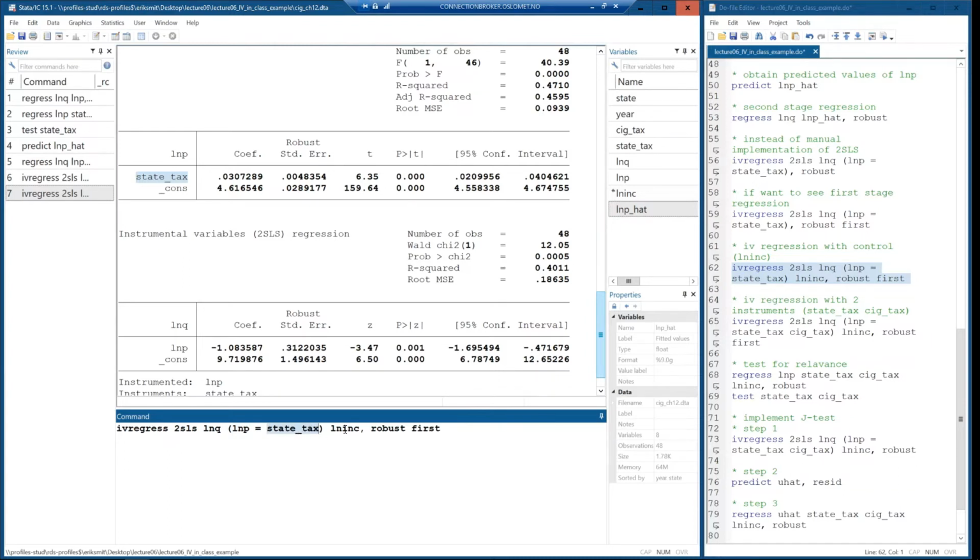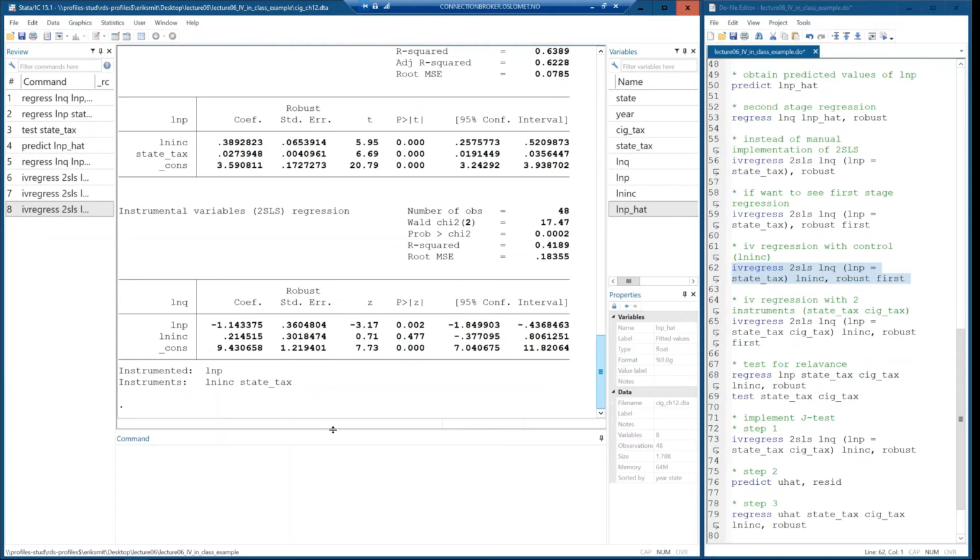But now we have the logarithmic per capita income for the state, because we think that the income in the state per capita and the state tax might be correlated. So now we run this two-stage least squares regression with robust standard errors, and we would like to print the first stage regression.